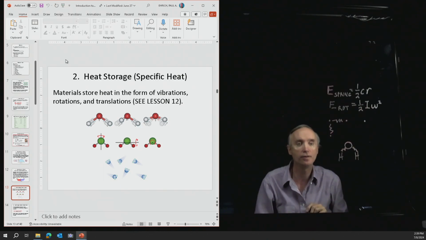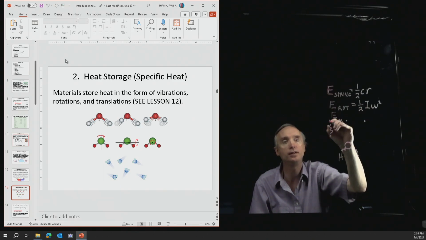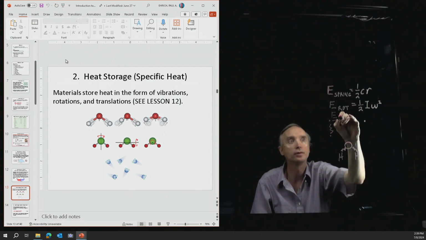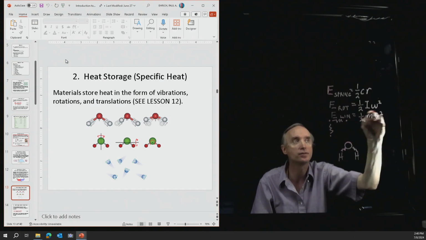And then there was another kind of energy, and this one was linear energy. So linear kinetic energy was 1/2, and then the mass, and then its linear velocity squared.